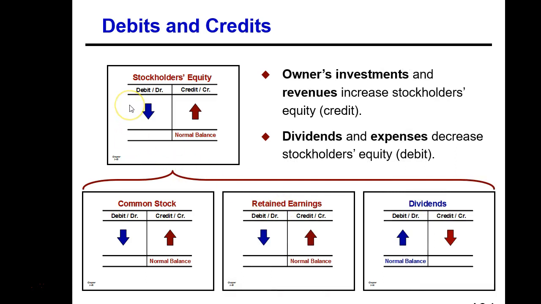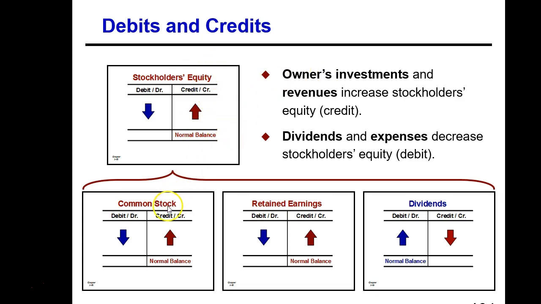For your stockholders' equity accounts, it's comprised of common stock, retained earnings, and dividends. For stockholders' equity, the accounts increase on the credit side. The credit side is their increase side. The credit side is their normal balance side.